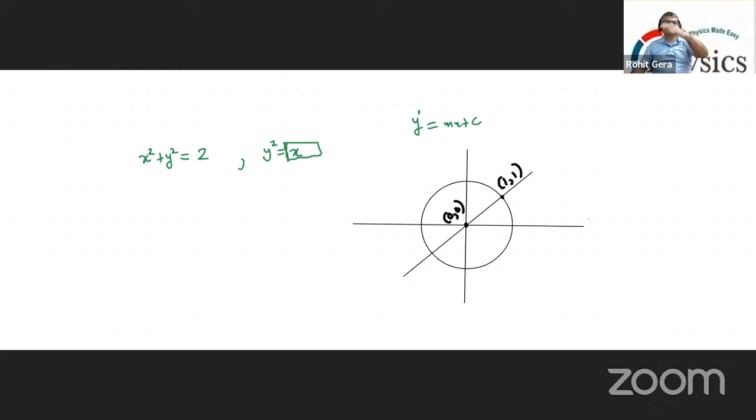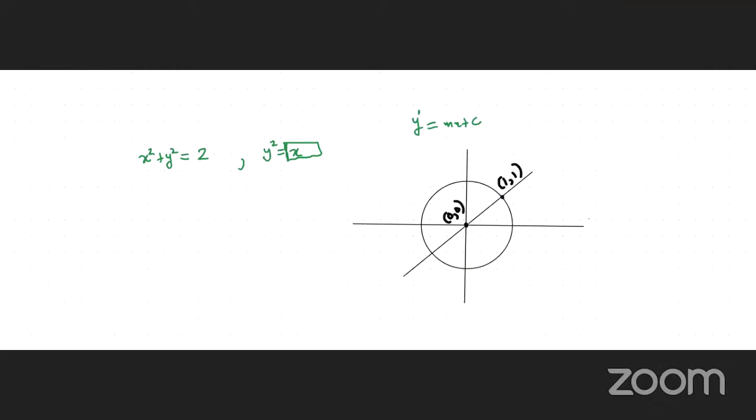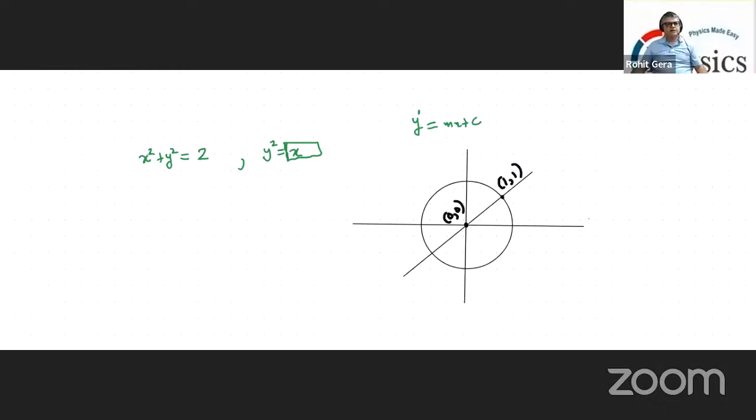Trajectory of a projectile was a parabola, right? Y is equal to x tan theta minus gx square upon 2u square cos square theta. Any doubts in your mind? Clear? So if you have understood this, we just need to do 1, 2, 3 questions. This chapter is also over.